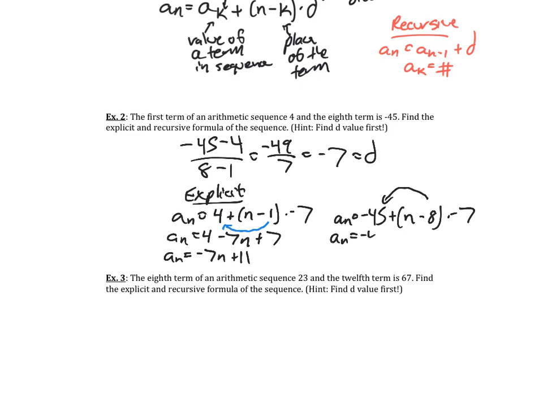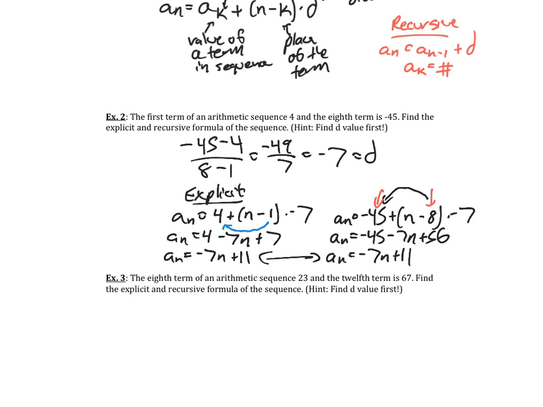If we simplify that, we get negative 45 minus 7n plus 56, which if you simplify that, you get negative 7n plus 11. So notice you get the same thing no matter what term you use. Again, the critical thing is in your formula, make sure that if you use the 8th term here, you put minus 8 there. Conversely, if you put in the 100th term, you subtract 100 there inside that parentheses.